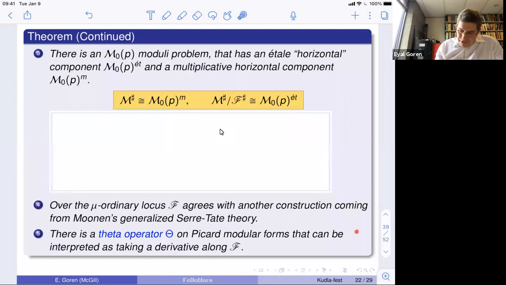So I really don't have the time to explain what I mean here. It's just a hint that this connects to Picard modular forms and this theta operator, which is important for understanding filtrations of Galois representations. Okay.